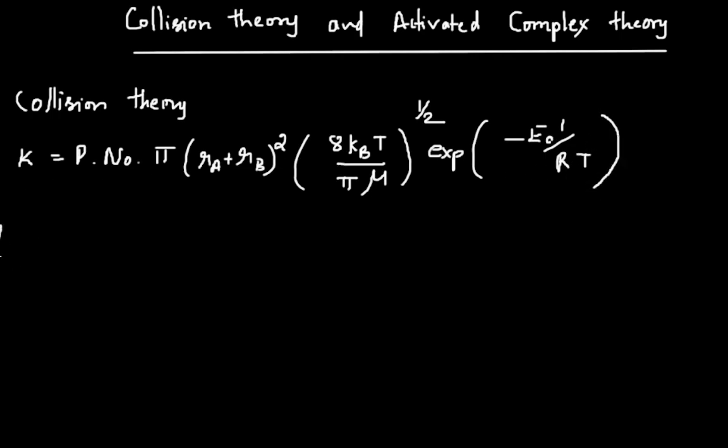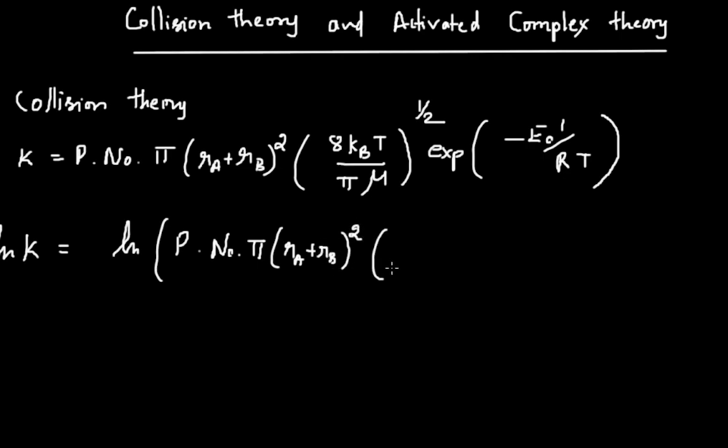What will be its ln k? It will be ln of these many things: e into N naught into pi (rA plus rB) whole square into 8 kB T divided by pi m, plus ln T to the power half.